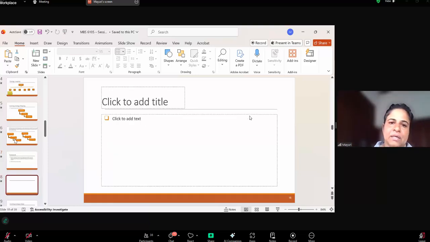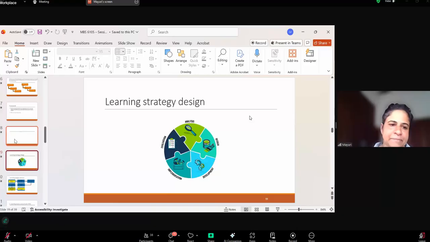Okay. Yes, but when it comes to learning strategy design, there are so many guidelines. In very simple terms, how do you plan, design and implement a training program? What are the steps to be followed?